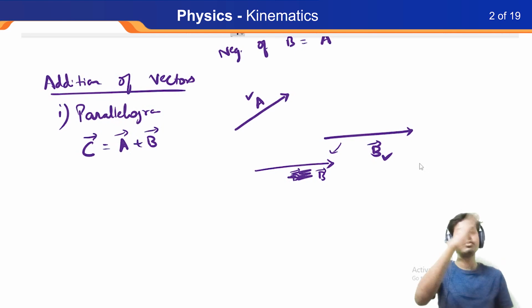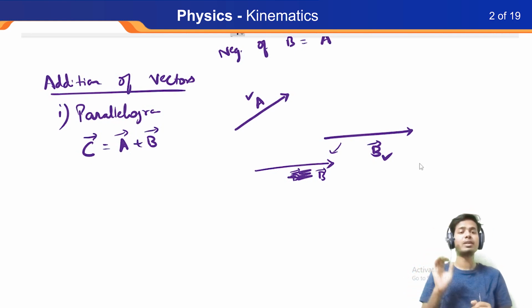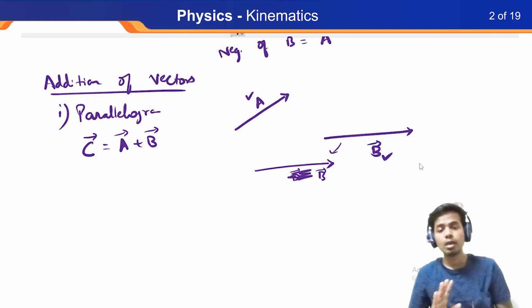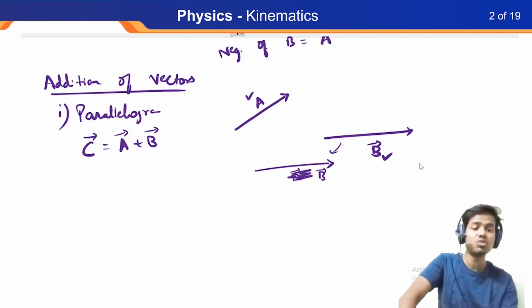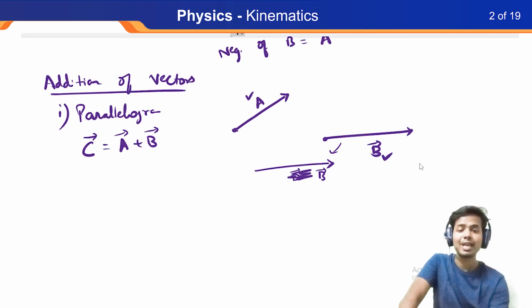For example, if I do this and the length is the same, then again the vector is the same. It does not change with the dragging. So what we can do is place the tails together. That is one of the prerequisites for the parallelogram law.